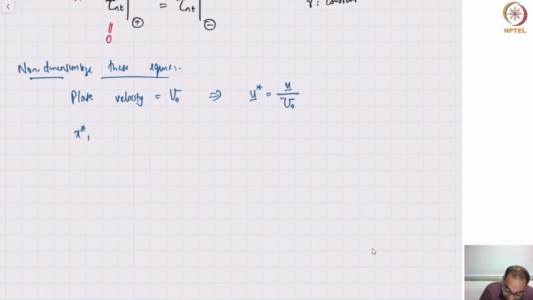And we will non-dimensionalize the length by the capillary length.